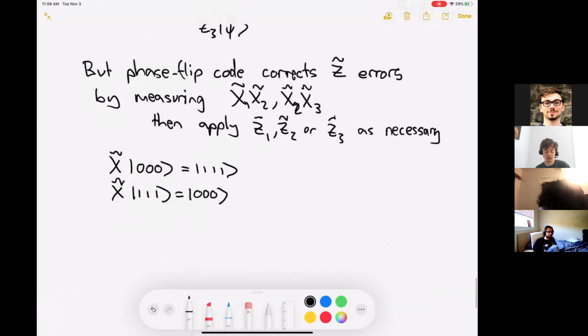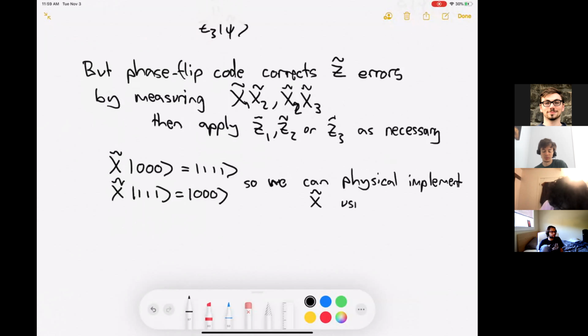Okay, so we can physically implement x tilde by using the physical operator that corresponds to x tilde, which is just x1, x2, x3.